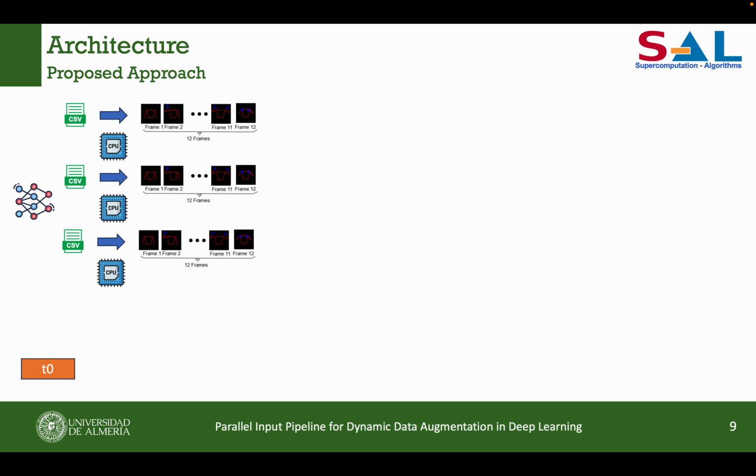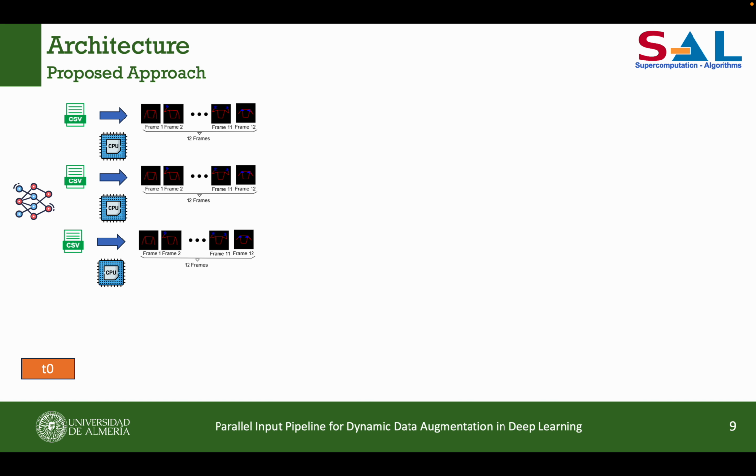So we are plotting the CSVs into the sequences, but this is performed dynamically while the GPU is training with another batch. So the CSVs are represented into the images in the different cores.